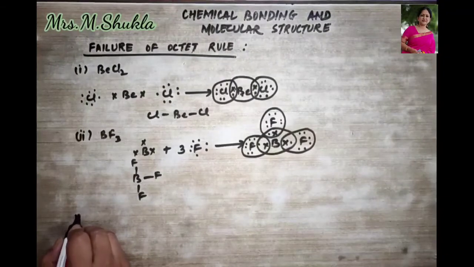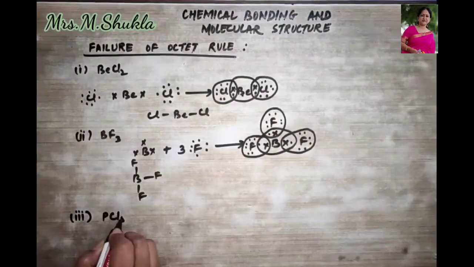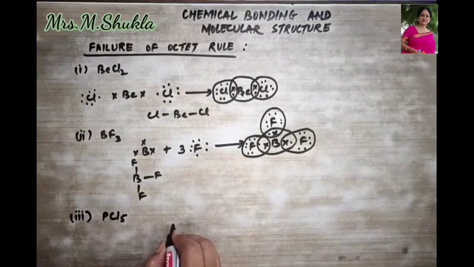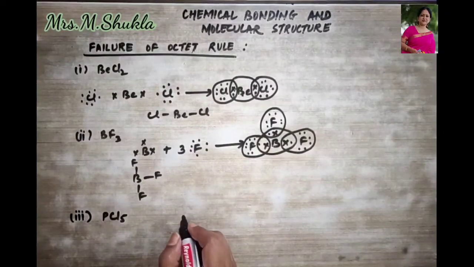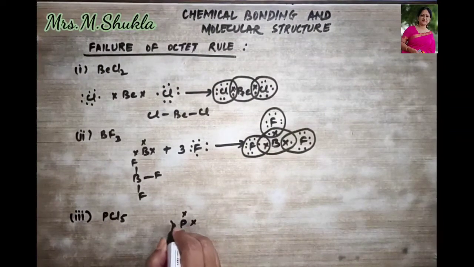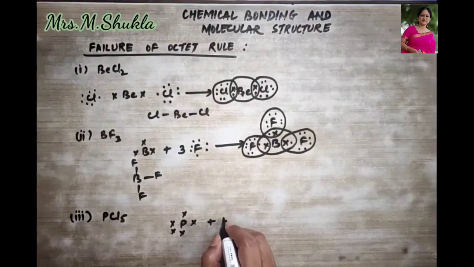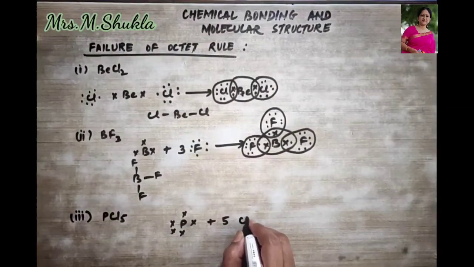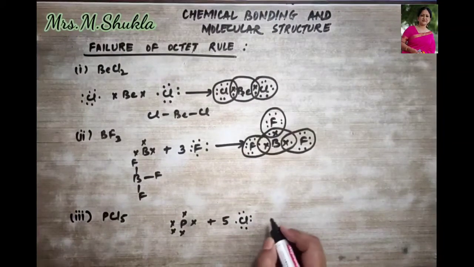Let's take one more example: PCl5. Phosphorus has 5 valence electrons, and therefore it is going to combine with 5 chlorine atoms, each with 7 valence electrons.